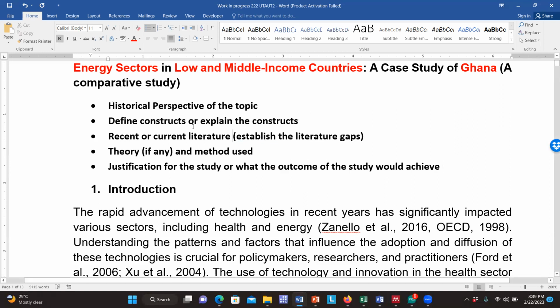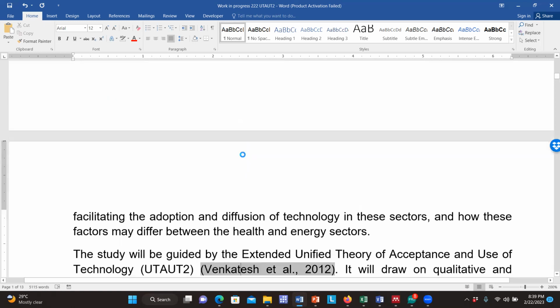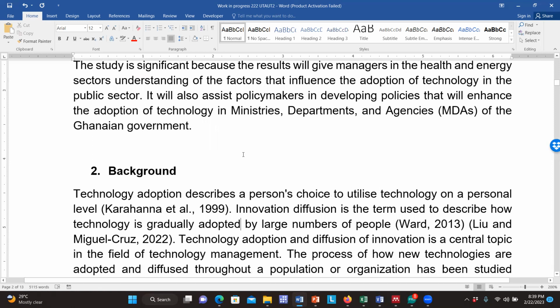And in each of these, you use what? The MEAL. Okay? Main idea, evidence, analysis, and link back. In each of them. So Kobna, you do that for your introduction. Okay? Because you see, he did the significance of the study.